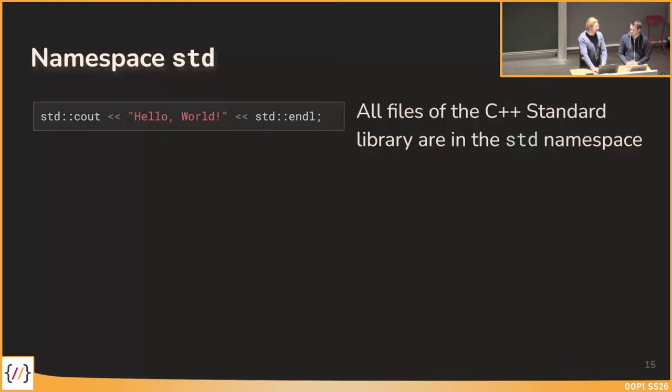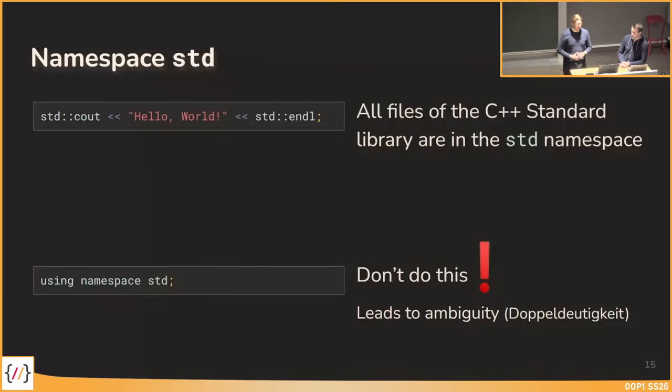But if we use it for the std namespace, we maybe don't know all the things inside this namespace, and then there could be some ambiguities, Doppeldeutigkeiten in German. So please don't do this for std. This could lead to some troubles, and it can take a long time to find bugs introduced by this.